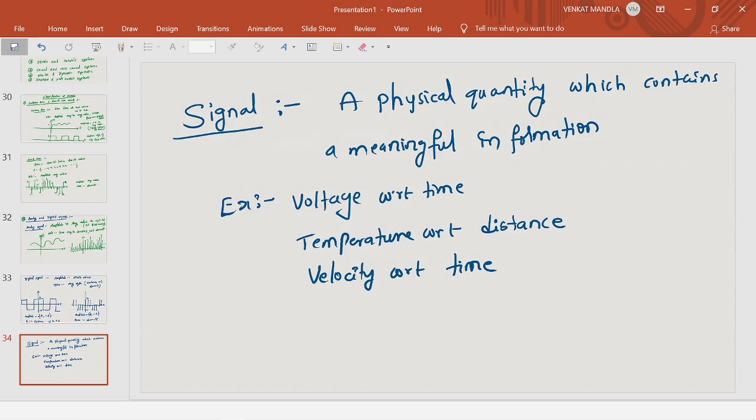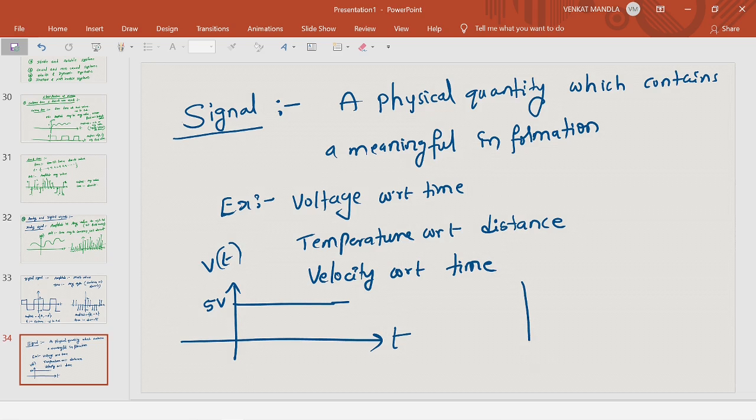Okay, so how to represent graphically? Let us say the voltage signal is my DC signal, say 5 volts. So a 5 volts DC signal, I will represent like this. A temperature with respect to distance. Let us say x is distance.